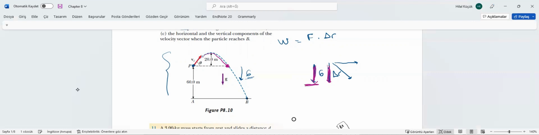Please look at that part. Because of this scalar product, you only care about the parallel components of force and displacement.